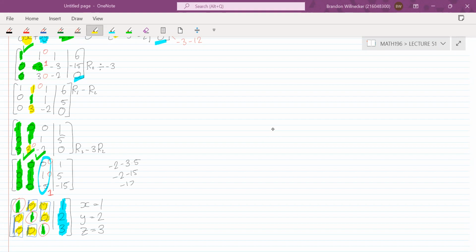Okay, so any row operations that you perform, please make sure that you write it on the side. Okay, so that I can see what you're doing. So don't just write down the augmented matrices one after the other. You do need to include which row operations you've been doing. Okay, it just helps me see what you've been doing, so I can give you part marks as you go through with the steps.